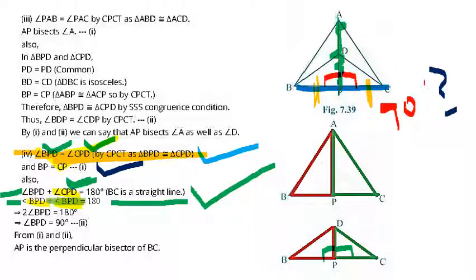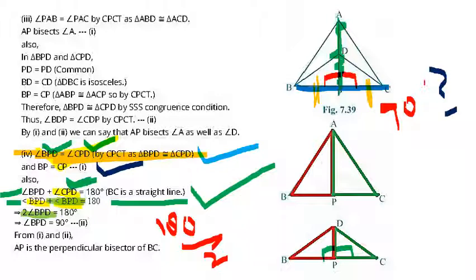So BPD plus BPD gives twice angle BPD equals 180 degrees. Transposing 2 to this side, it will give me angle BPD equals 180 divided by 2, and we know that 180 divided by 2 is 90 degrees.